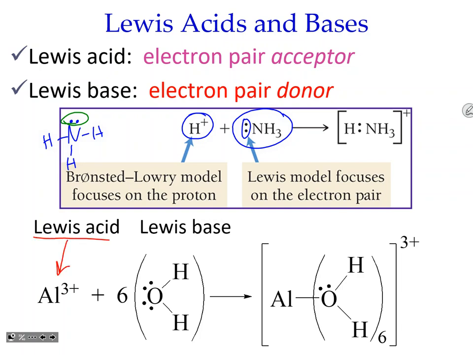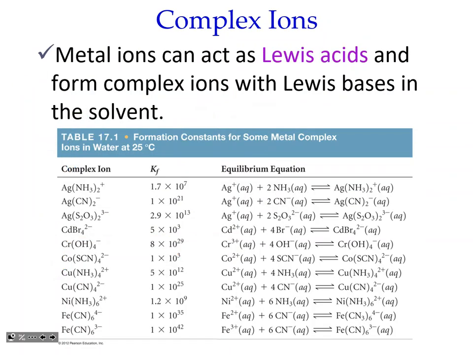Lewis acid, Lewis base too for forming these complex ions. Lewis acid is going to be the aluminum. Lewis base would be the water that gets added in, and water has 2 electron pairs it can donate. So this one forms a complex ion, the aluminum plus the water. Not going to go into too much detail, but a lot of your Lewis acids and bases form the complex ions this way.